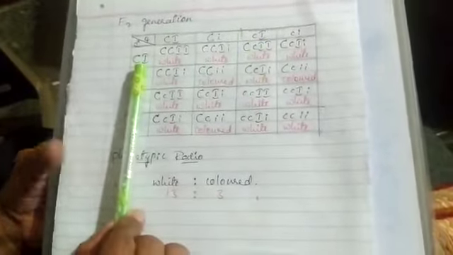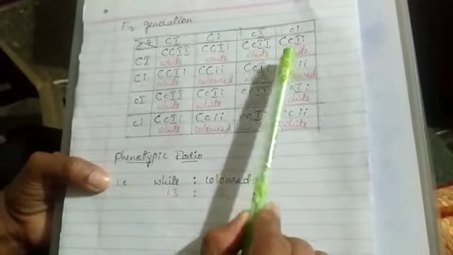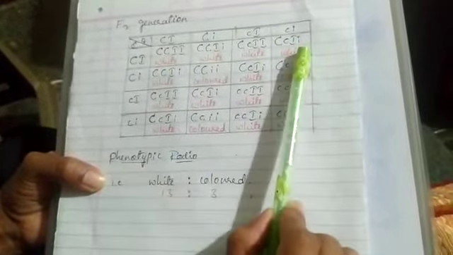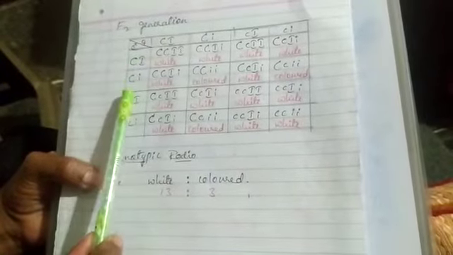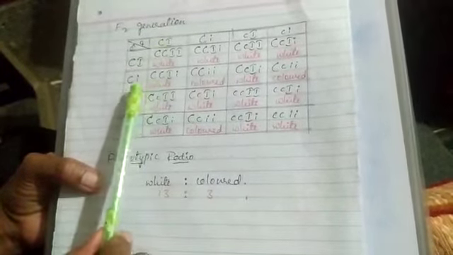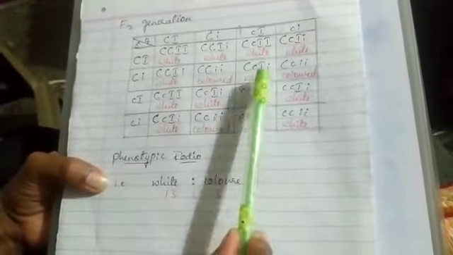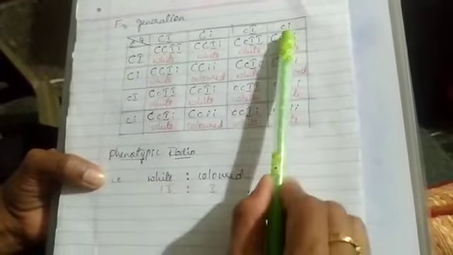Next is capital C, small c, capital I, capital I. The last is capital C, small c, capital I, small i. Similarly, the next cross gives capital C, capital C, capital I, small i, and then capital C, small c, capital I, small i, and so on.